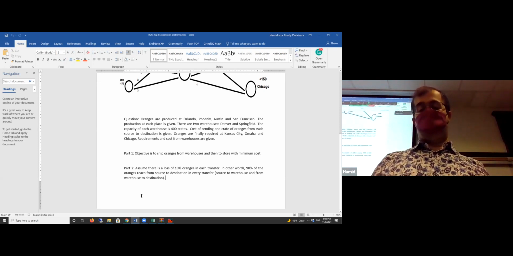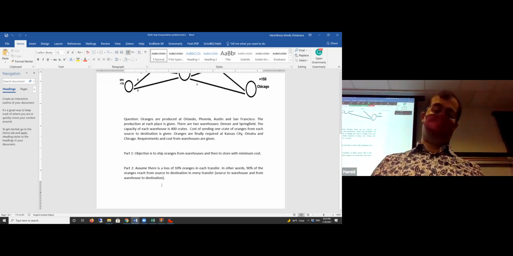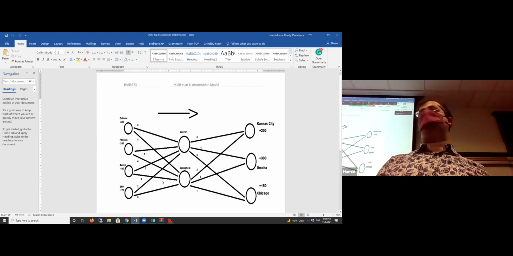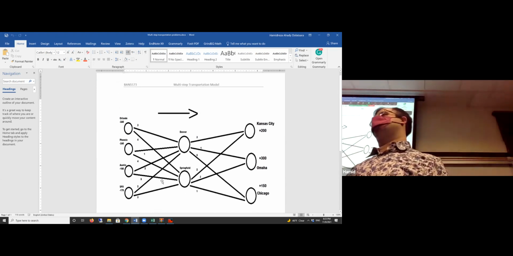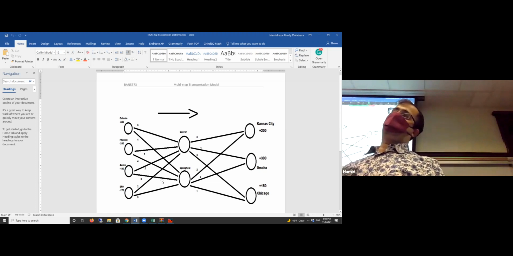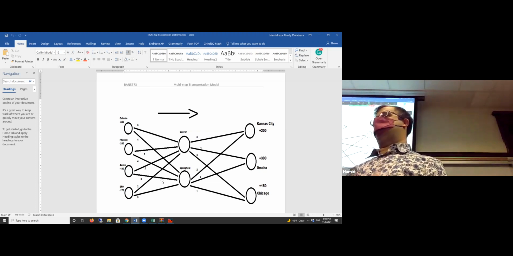Assume there is a loss of 10% oranges in each transfer. In other words, 90% of oranges arrive in every transfer, from source to warehouse and from warehouse to destination. So considering there's a loss of 10% each movement, solve the problem. It's still a minimization problem.